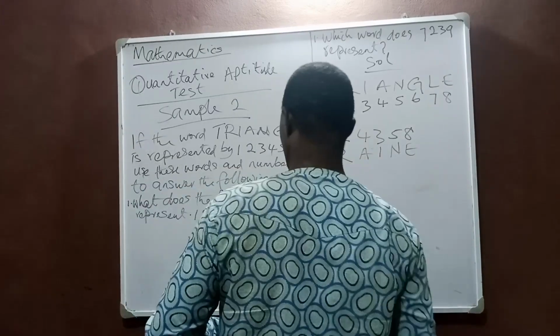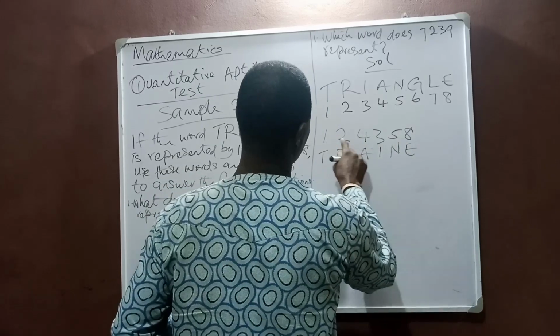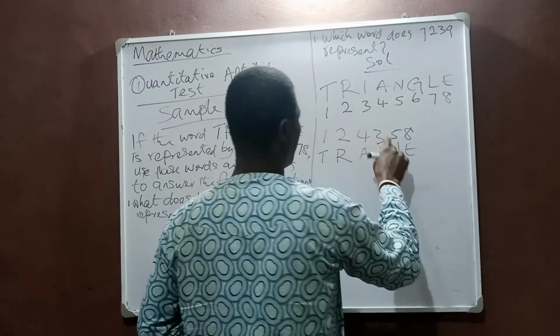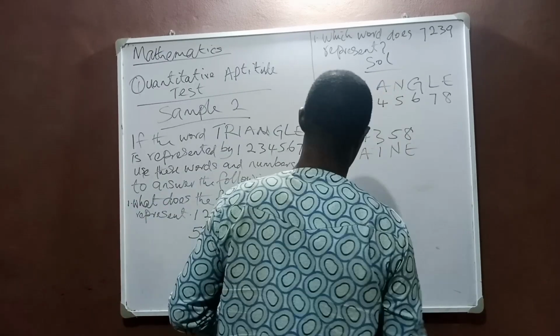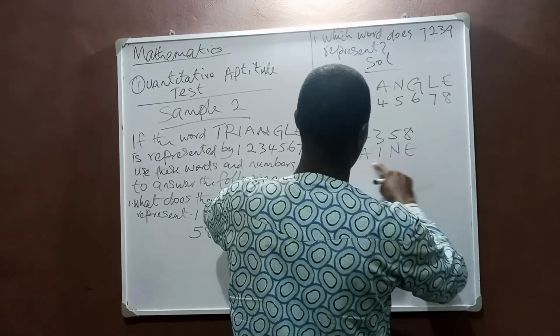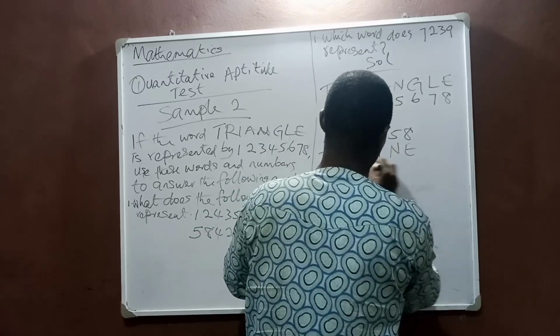If you check it from our letters, what you have there is TRAIN. A word like this is what you get. So the answer to this one is TRAIN.